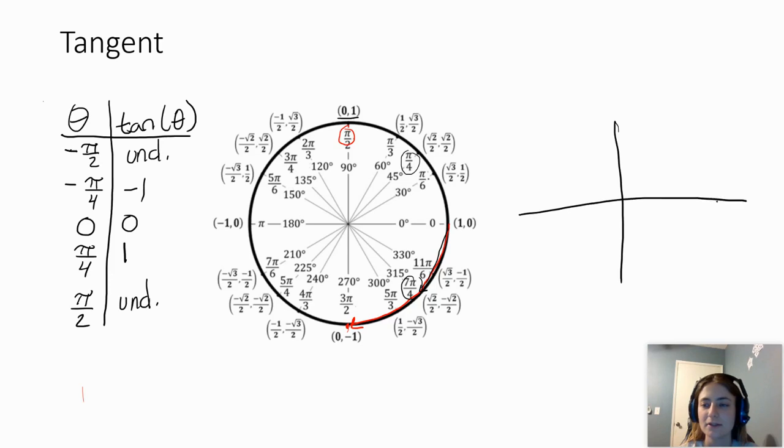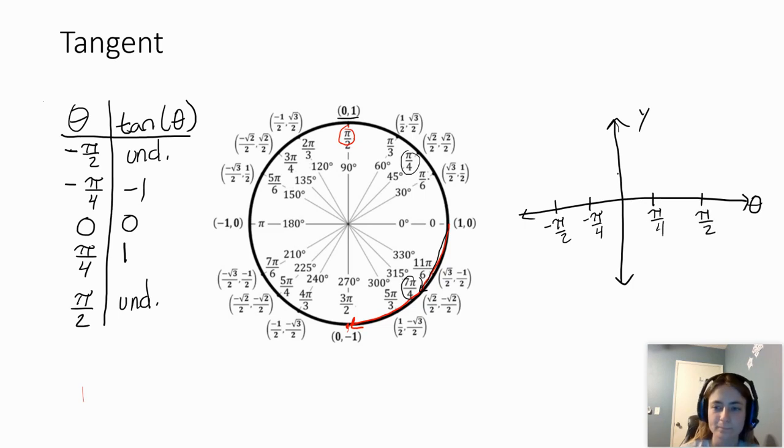So we can quickly sketch this out. We've got our theta axis here and our y-axis here. So we're going to plot negative pi over 2, pi over 4, negative pi over 4, and pi over 2. And y values we're looking at 1 and negative 1.